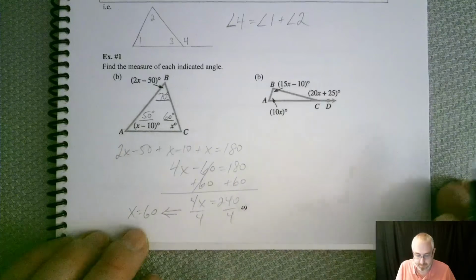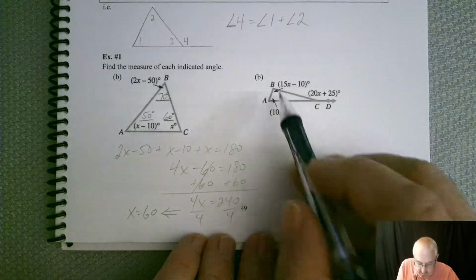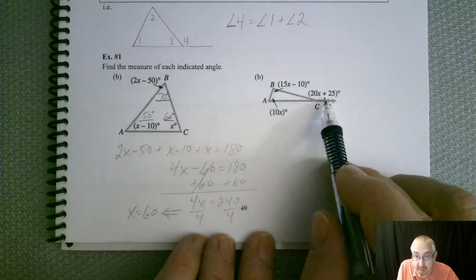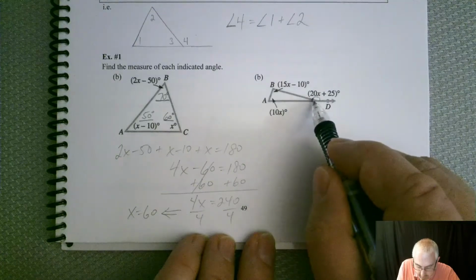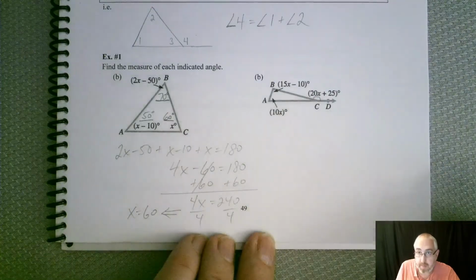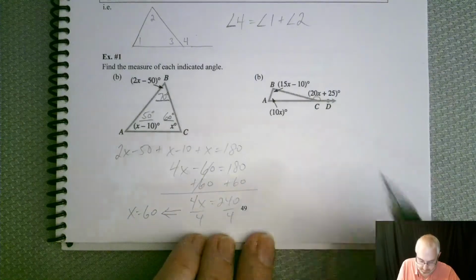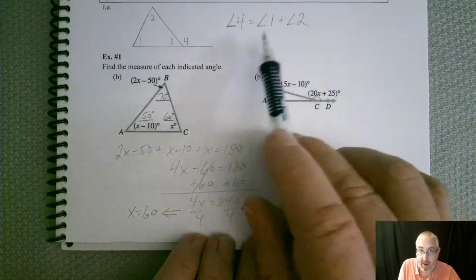So we're good. All right, so now this one's a little hard to see, but we have an angle inside, another angle inside, and then this angle that is outside of the triangle. So now we have to use our other property. It doesn't matter how you write your equation.